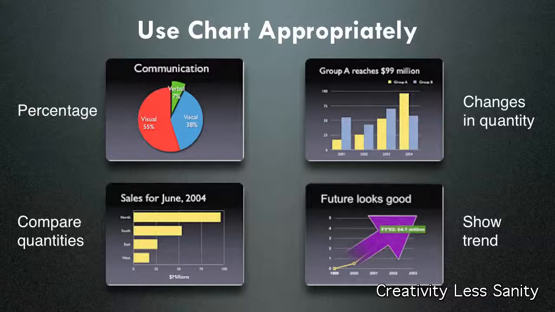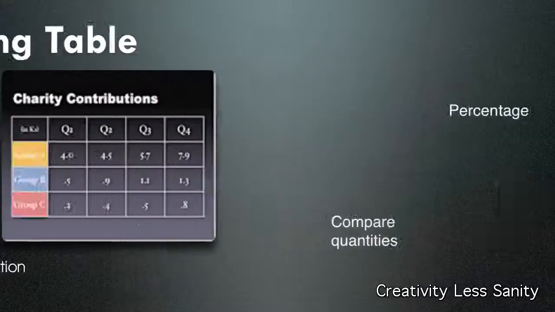So every chart has its own function. This is the basic principle of pie chart, vertical bar chart, horizontal bar chart, and line chart. There are many other kinds of charts you can create on your PowerPoint, but basically people use these four.